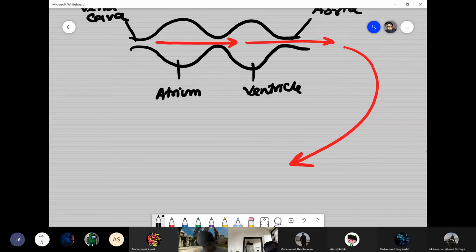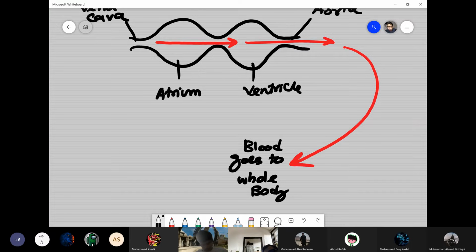Let me write over here that blood goes to the whole body. Now in the whole body, the blood will give oxygen, it will give nutrients, and then it will get back the waste material.